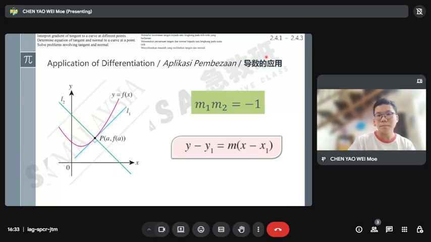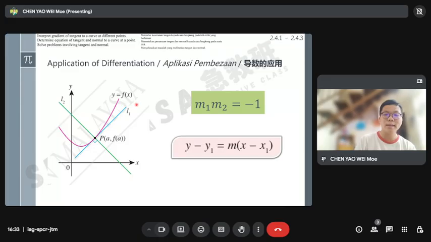So in this chapter, differentiation can be used to find the equation of the tangent and the equation of the normal. Given that this is a curve here, when you want to find the gradient of the curve, you need to draw a line there, and that line you call a tangent.